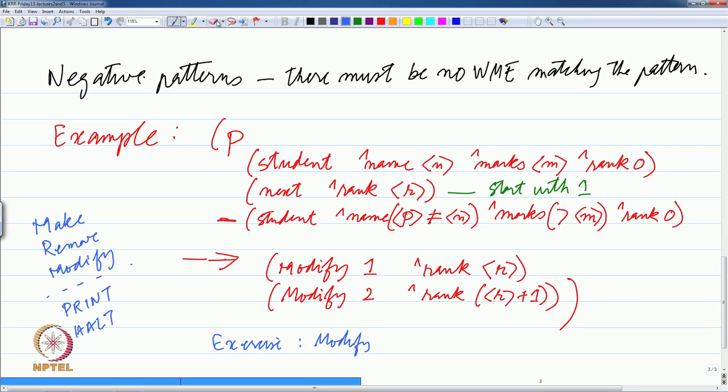What shall we call this rule? Some name we must give. So, let us say ranking, some name. So, modify ranking to give same ranks for same marks.